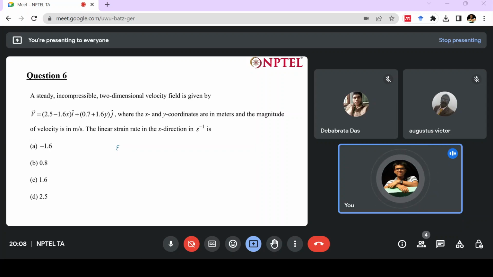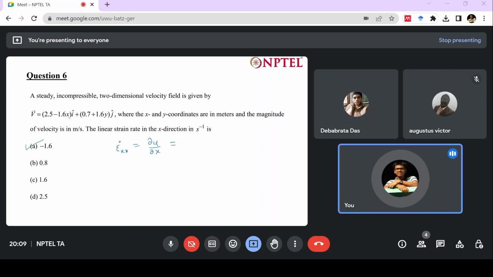So the linear strain rate in x direction, which is basically this. We have already done this. What is this? This is minus 1.6, right? Yes, sir, this is minus 1.6. A very straightforward question.